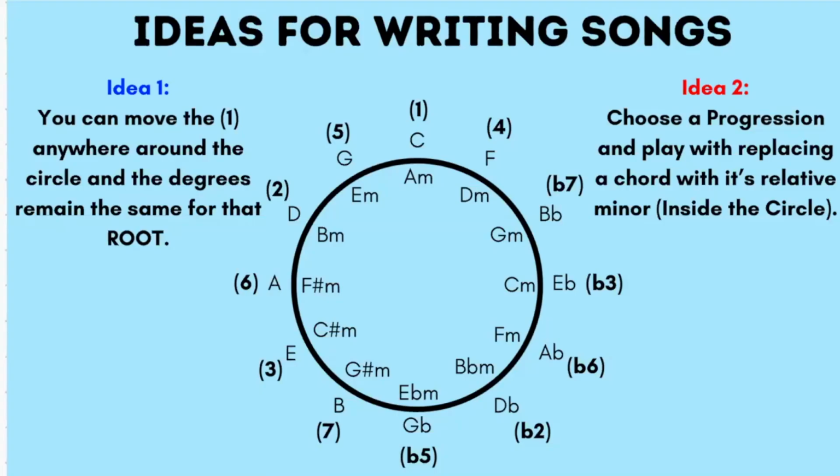And let's play around with something else and just see what happens here. This is how I would suggest playing with it. C, F, and G. Now let's replace the F with the D minor, its relative minor. So C, D minor, and G, like this.